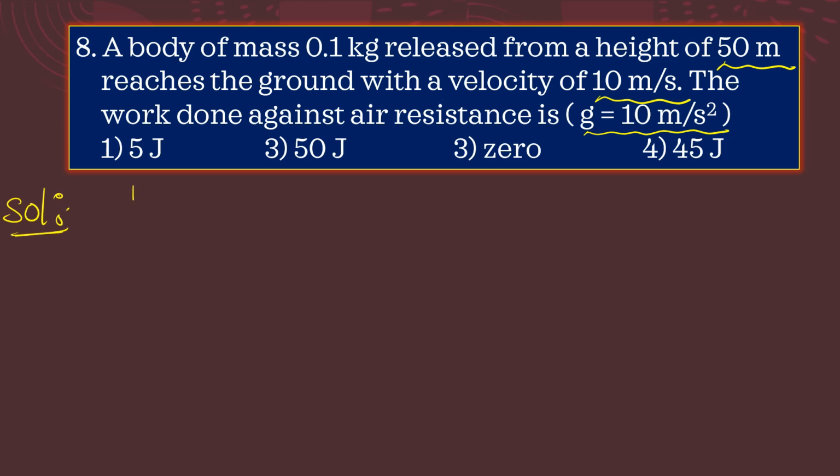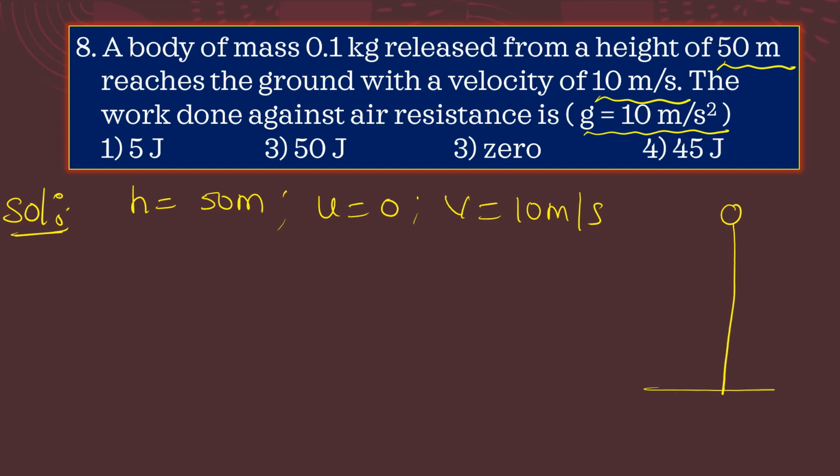They have given here height 50 meters, u is equal to 0, and v they have given as 10 meters per second velocity. So this is the body that is released. This is the height of this body, h, and u is equal to 0 because it is a freely falling body. m is equal to 0.1 kilogram.